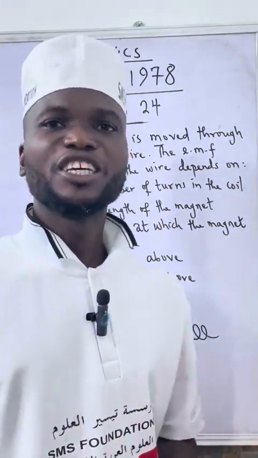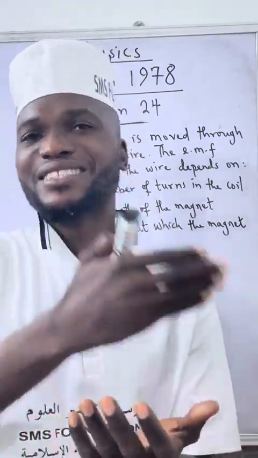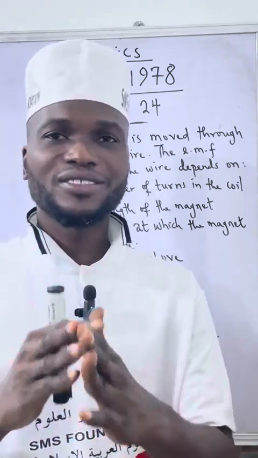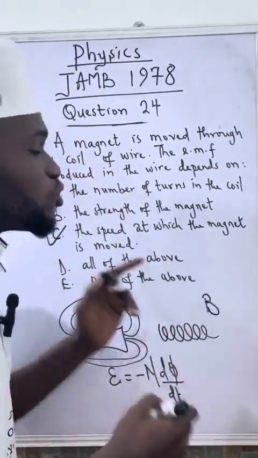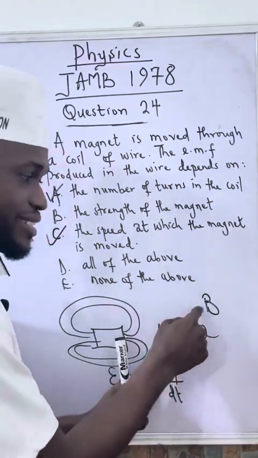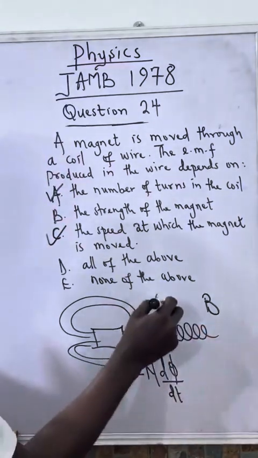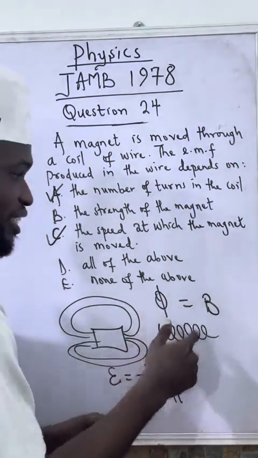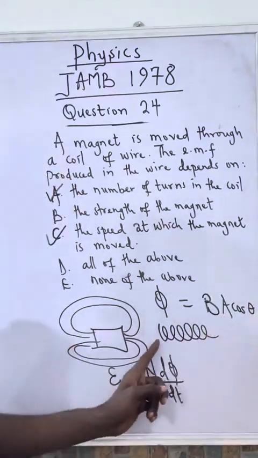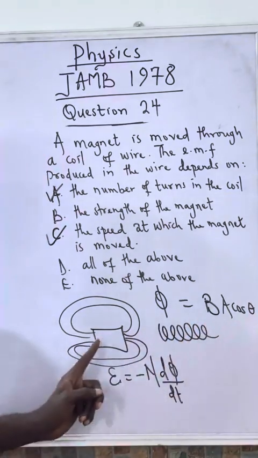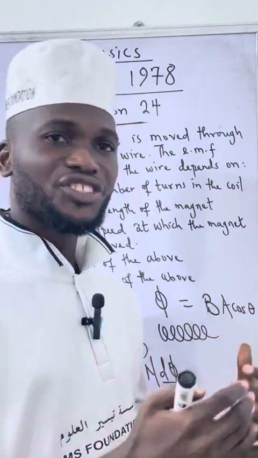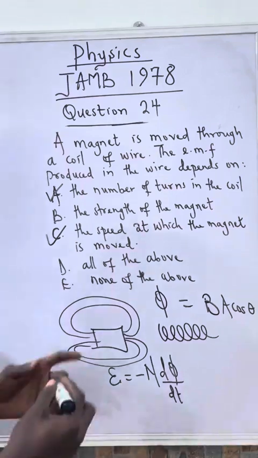The strength of a magnet is called the magnetic field strength, or the flux density, and that is denoted with the letter B. There is a relationship between the magnetic flux phi and the flux density B. The formula for calculating phi is the magnetic field strength B times the area A of the coil times cos theta, where A stands for the area of the coil of wire, B stands for the strength of the magnet, and theta stands for the angle between the magnetic field and the coil's normal.